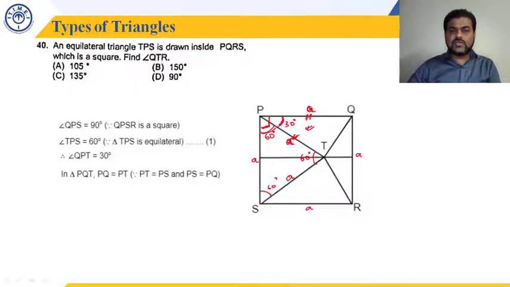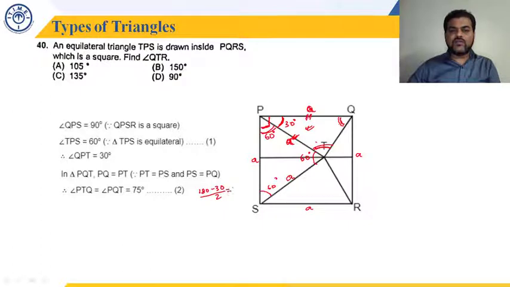So in this triangle, these two sides are equal, so it's an isosceles triangle. If this angle is 30 degree, then we can easily find this angle as well as this angle. These two angles must be equal because it is an isosceles triangle. And the value of that angle will be what? 75 degree. How did we get that? 180 minus 30 gives the sum of this angle and this angle, and divide that by 2.